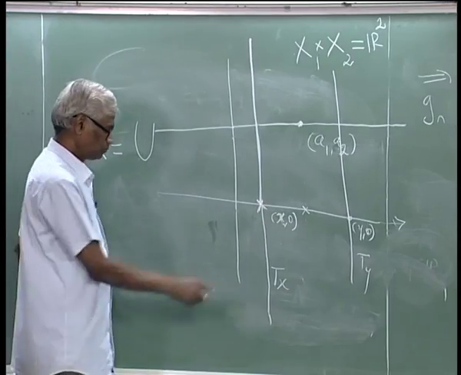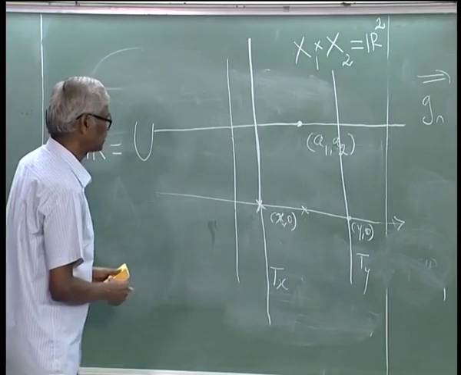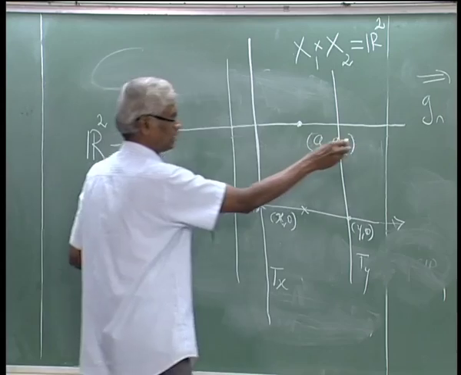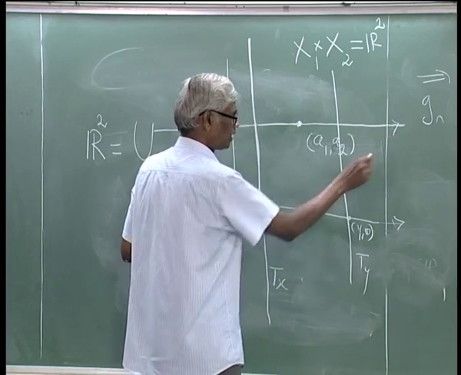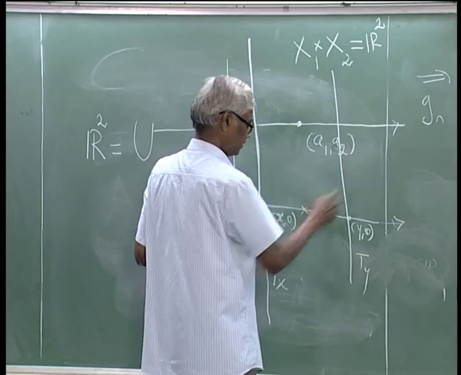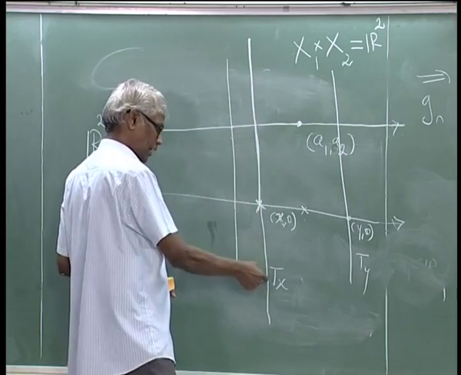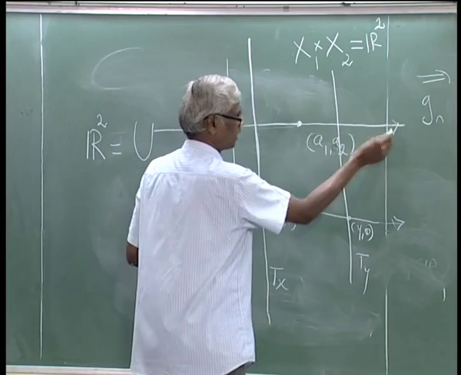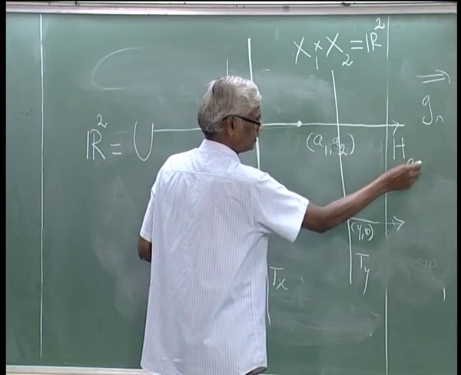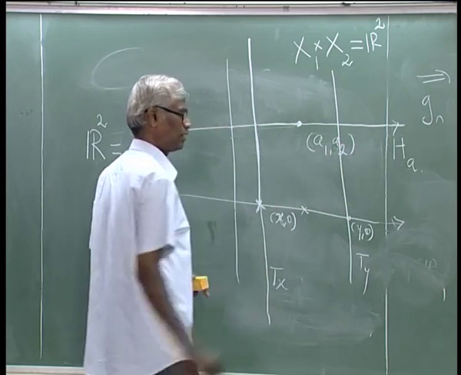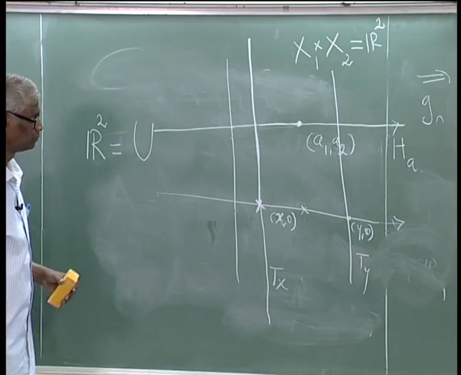So, now consider this T suffix x, which is a vertical line, and this horizontal line we call H suffix A, where A is the ordered pair (A1, A2).